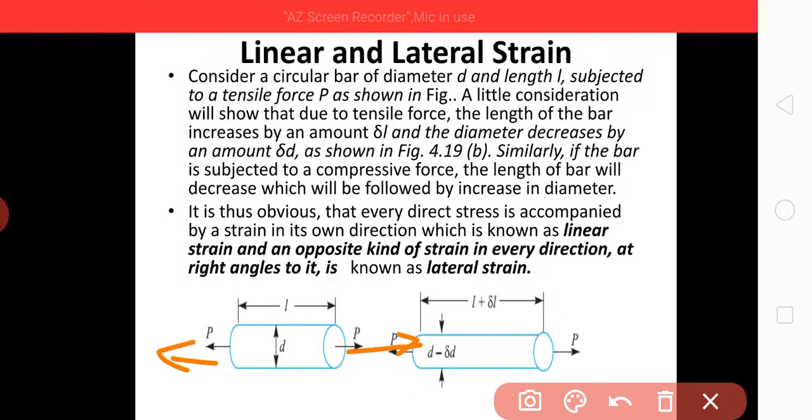You can visualize this by pulling your finger. You will realize that when you pull your finger, its diameter decreases when its length is increasing. Similar is the case in engineering materials also.